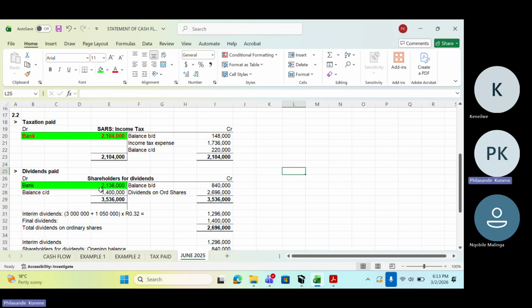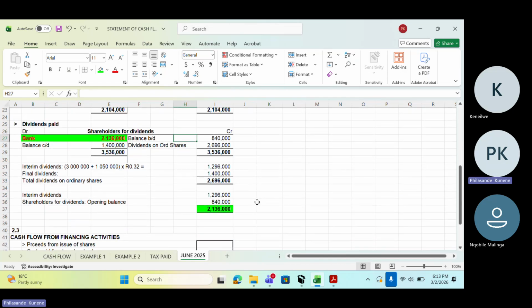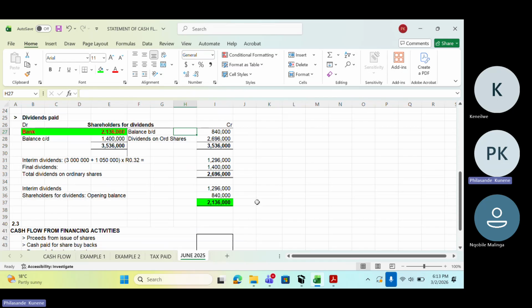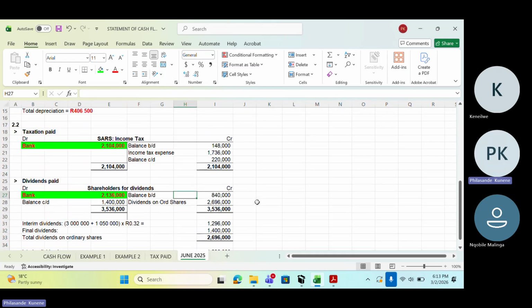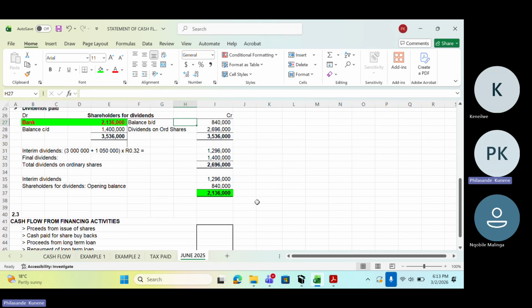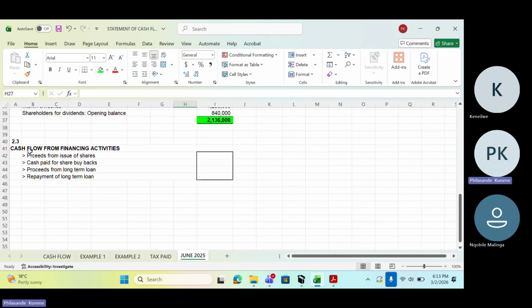For dividends paid, we did calculate the dividends that were paid, which is 2,136,000 rands. Okay. And then after that, I think that's where we ended, by calculating the dividends that were paid.